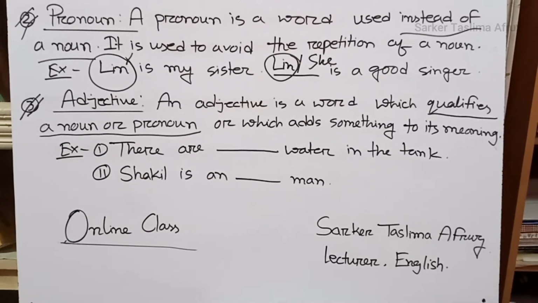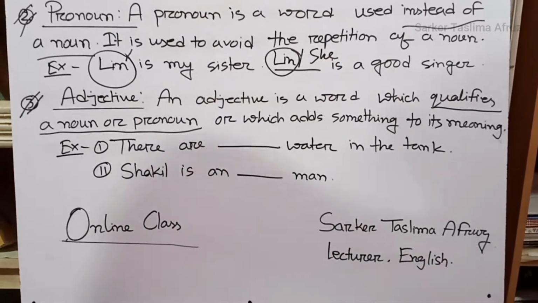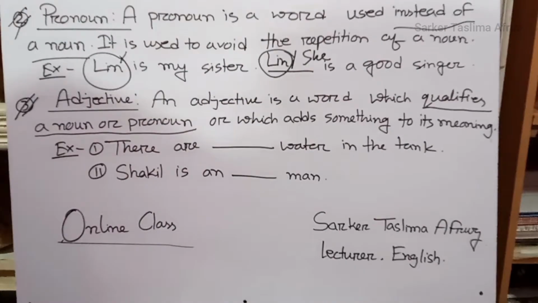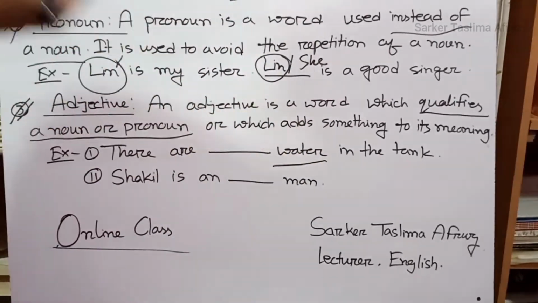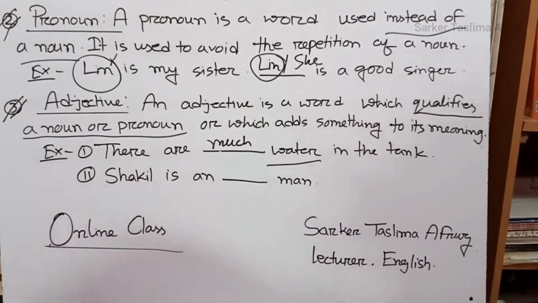It's a quality, quantity, this type of things. Here you can see, there is dash water in the tank. It is asking about the measurement of water. So I can write here much, quantity.